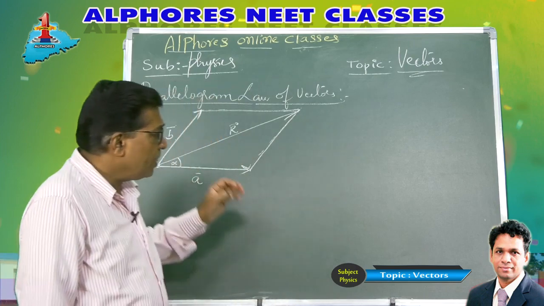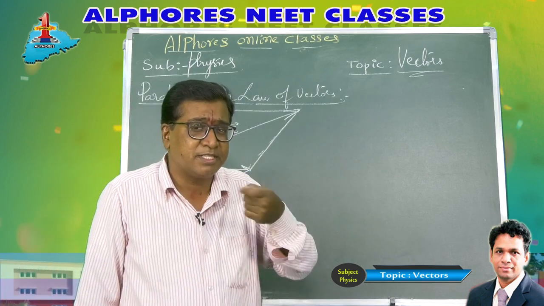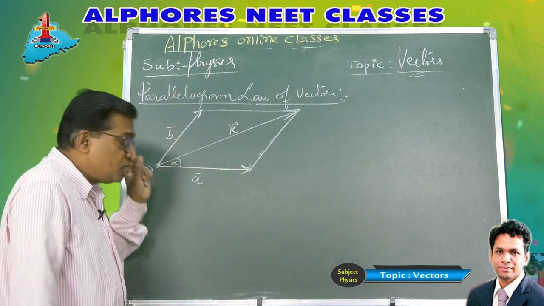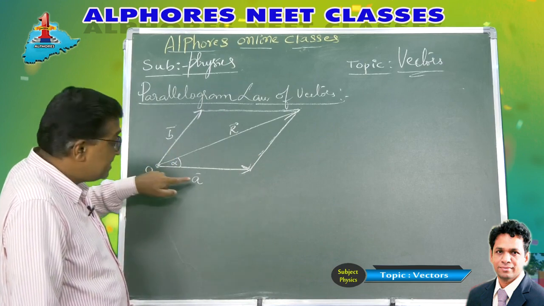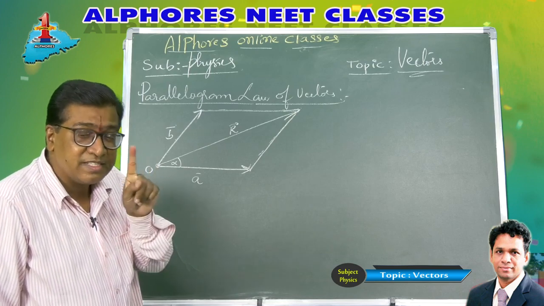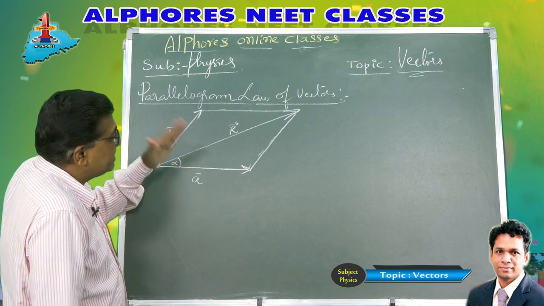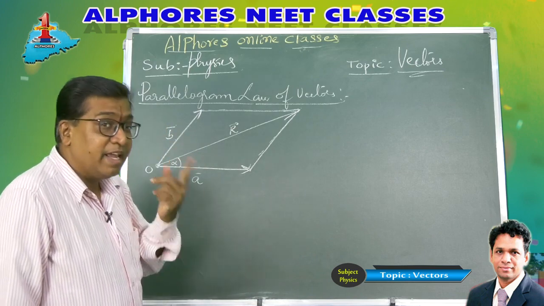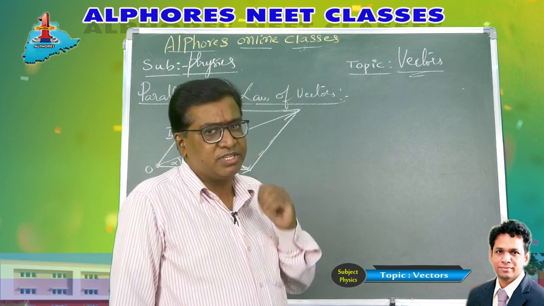So the parallelogram law of vectors, the statement is given like this. Please just concentrate. If two co-initial similar vectors are represented as two adjacent sides of a parallelogram in magnitude and direction. You see, the vectors must be co-initial vectors.